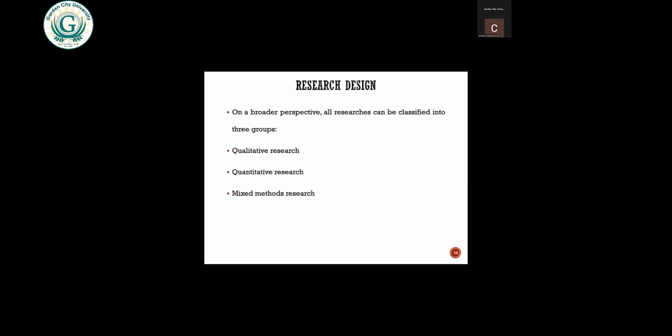So you can narrow all of these research designs down into these three main ones: qualitative, quantitative, and mixed methods. We'll go over one after the other.